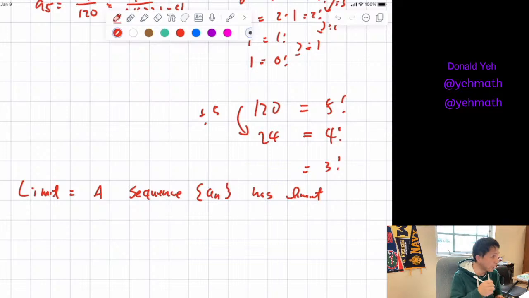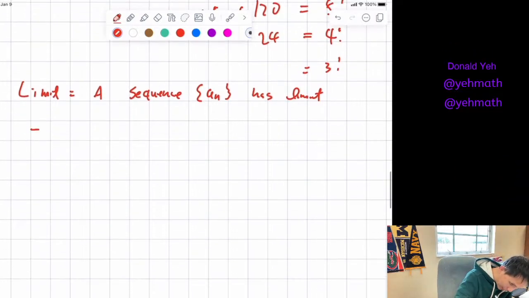A sequence having a limit is different from a series having limits. We are going to focus a lot more on series, but we're going to introduce sequences first. When I first walked through this, I got confused when they talked about sequences and series. A sequence can have a limit, and a series can have limits as well, so there are two different types of limits. A series is adding each term, but a sequence can have a limit as well.